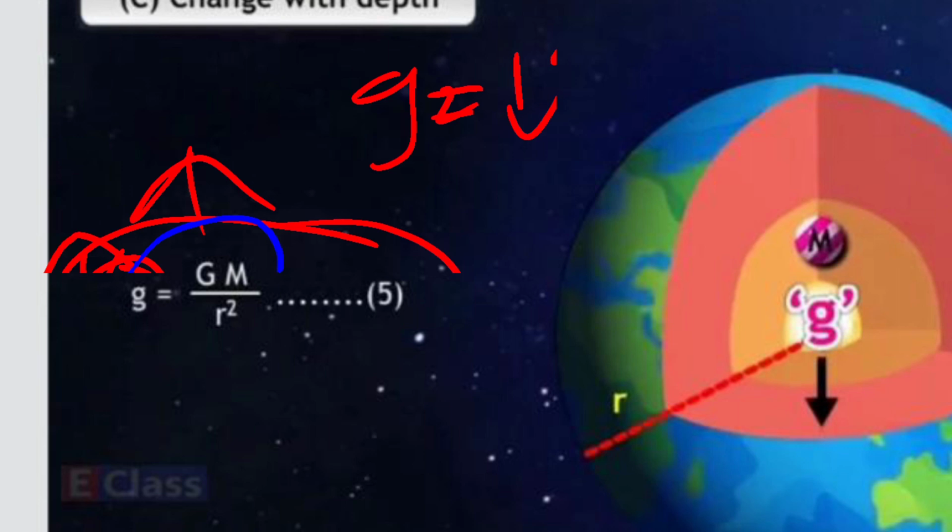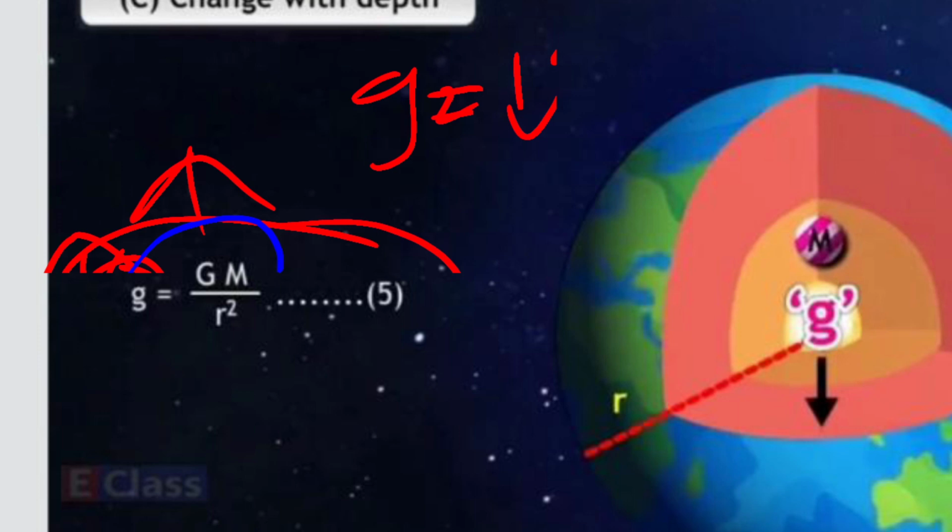So ultimately what happens is we have to see the combined result. This is r square and it is in the denominator. The value of m is in the numerator. So actually the value of g decreases because of the factor of m, the mass of the earth which is contributing towards the gravitational force.